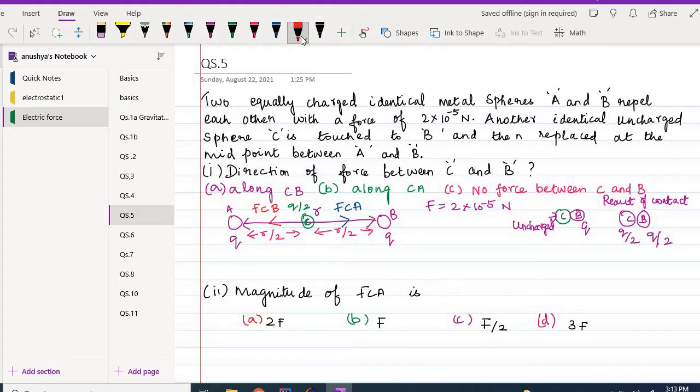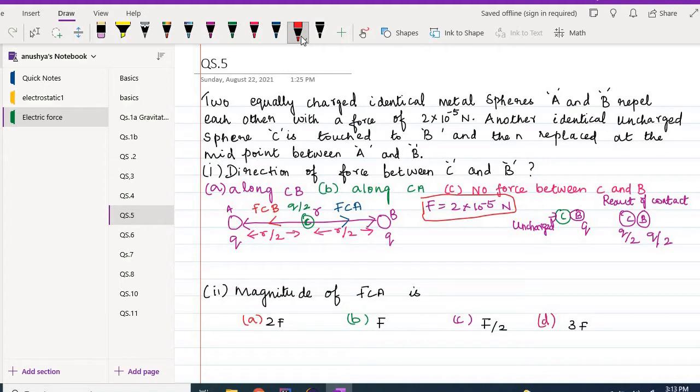Here it is a repelling force because they both are like charges, both positive. Then what will be the force between A and B? It is also a repulsive force, and the value is given to be F equal to 2 into 10 to the power of minus n Newton.